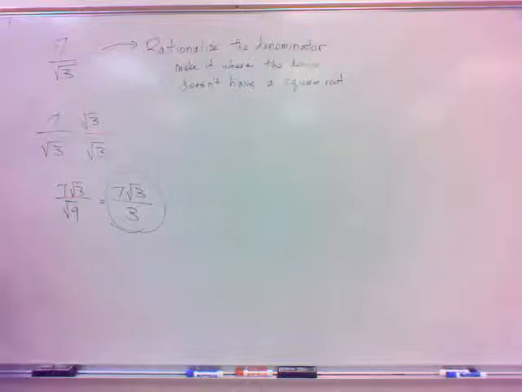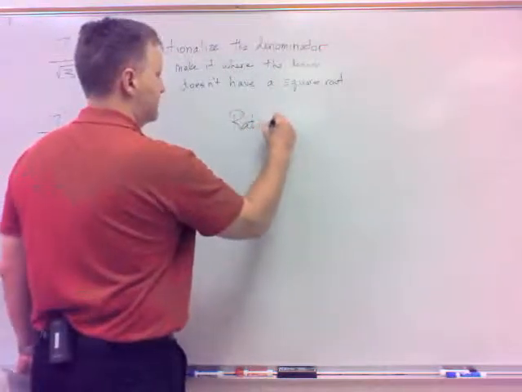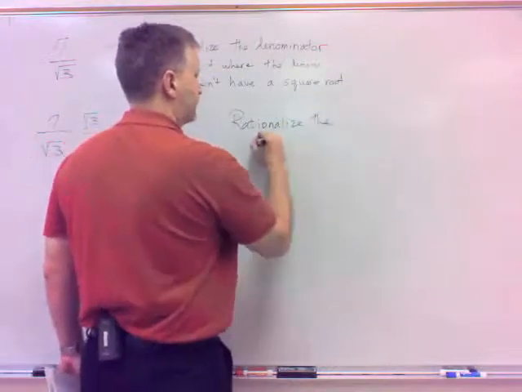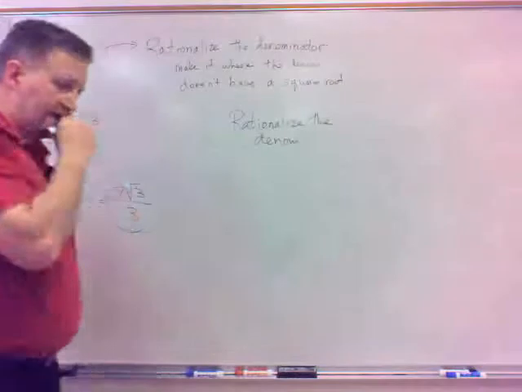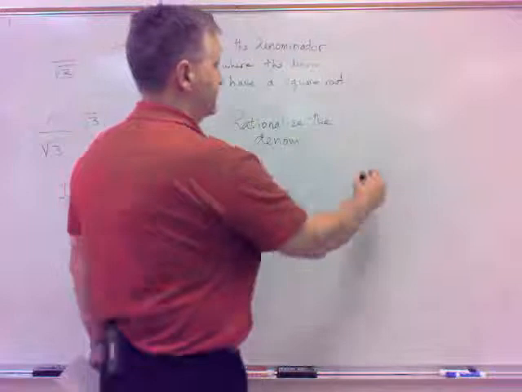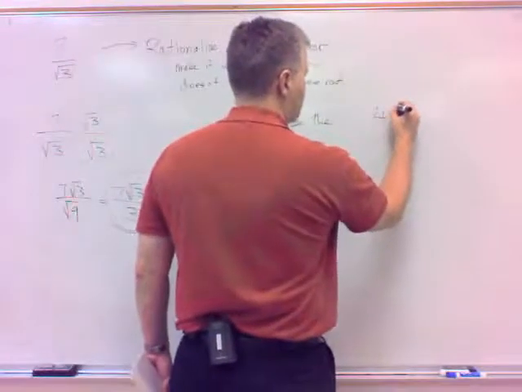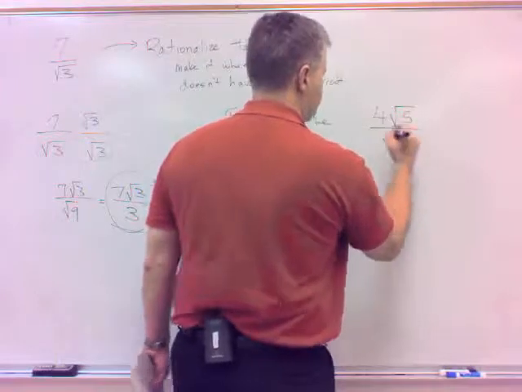All right. So if I did rationalize the denominator again on this one, let's do 4 square root of 5 over square root of 6.